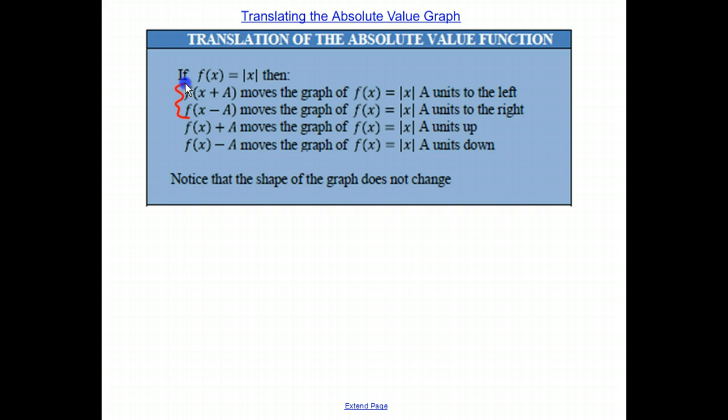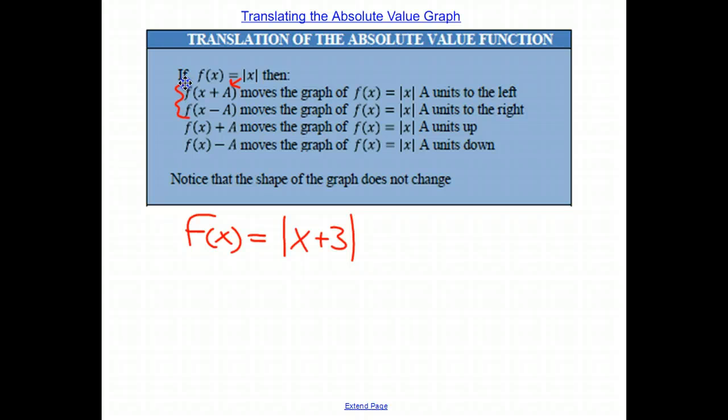So essentially this is our horizontal shift. When we see a problem, I'm going to write this in function notation, f of x equals the absolute value of x plus 3. What does that tell us? Well, all that tells us is that the graph is going to be shifted 3 units to the right. Essentially, we're looking at this scenario up top here.